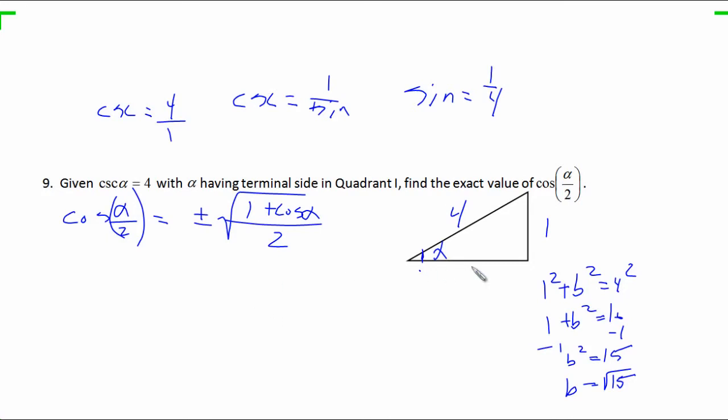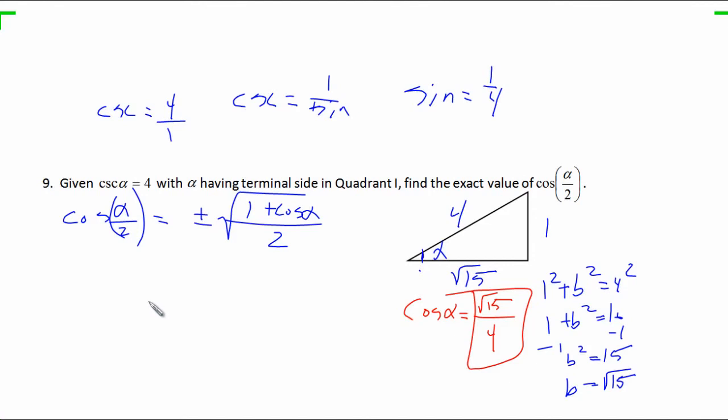And now we'll go ahead and plug that in, radical 15. And I'm needing for my formula the cosine value. So the cosine of this alpha is equal to the adjacent over the hypotenuse, radical 15 over 4. So there's my cosine. So I'm going to use this for my formula.